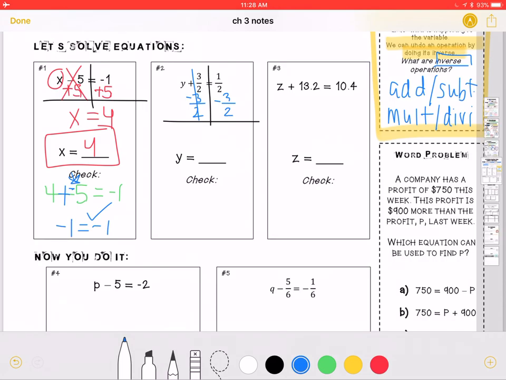Now take a look. I have a positive 1/2 and essentially a negative 3/2. Different signs, I should be subtracting them. They already have a common denominator, so I can just subtract my numerators. What's 3 minus 1? It should give you 2/2, which really equals 1.